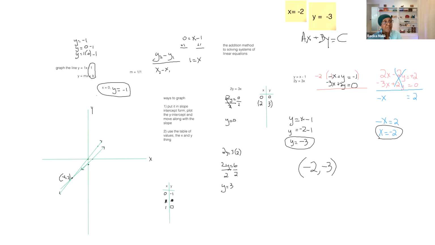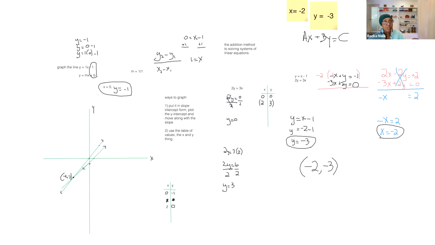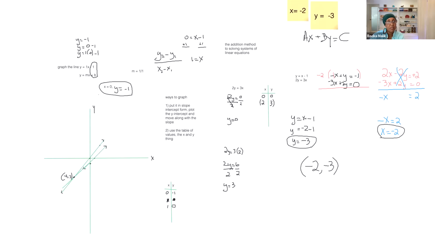If you have a nice graph, you can also solve by graphing. So this is another method. Solve by graphing systems of equations. That doesn't always work so easily. What if you have a number like 11/4? Your graph has to be really detailed for you to solve that.